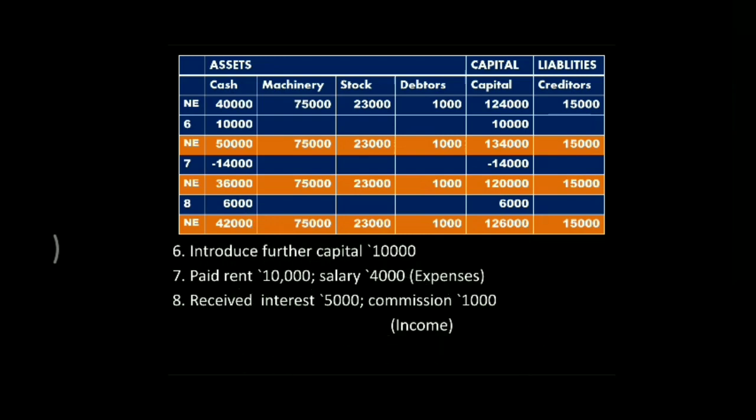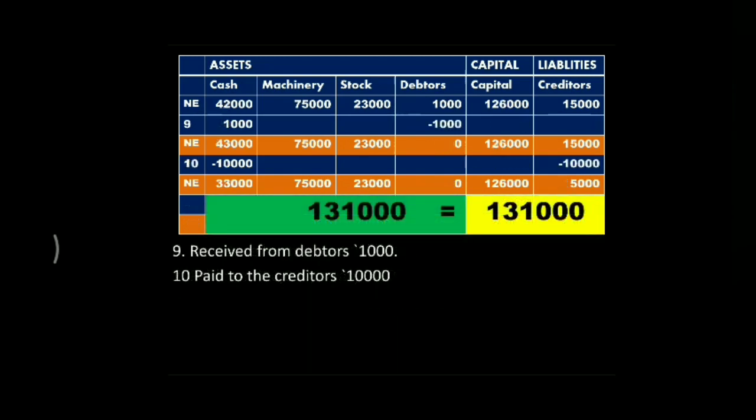So after this, the position is cash 42,000, machinery 75,000, stock 23,000, debtors 1,000. Capital has increased from 1,20,000 to 1,26,000 and creditors 15,000. So the current position is cash 42,000, machinery 75,000, stock 23,000, debtors 1,000, capital 1,26,000 and liabilities in the form of creditors 15,000.